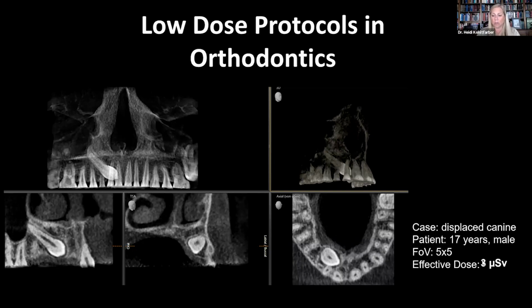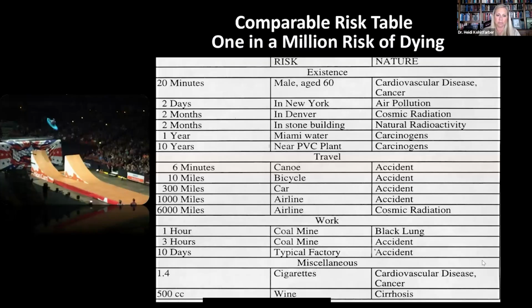This is a 17-year-old male, and this is a 5 by 5 field of view. And it's 3 microsieverts, so it is less than a dose of 4 bite wings. And again, you have all those 3D capabilities. So it's really just amazing to see where all of this technology has gone to ensure that we're using the lowest possible dose for our patients.